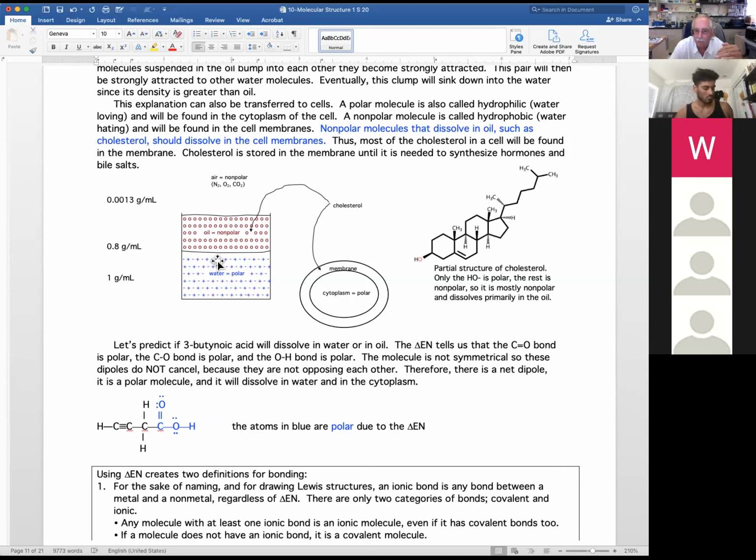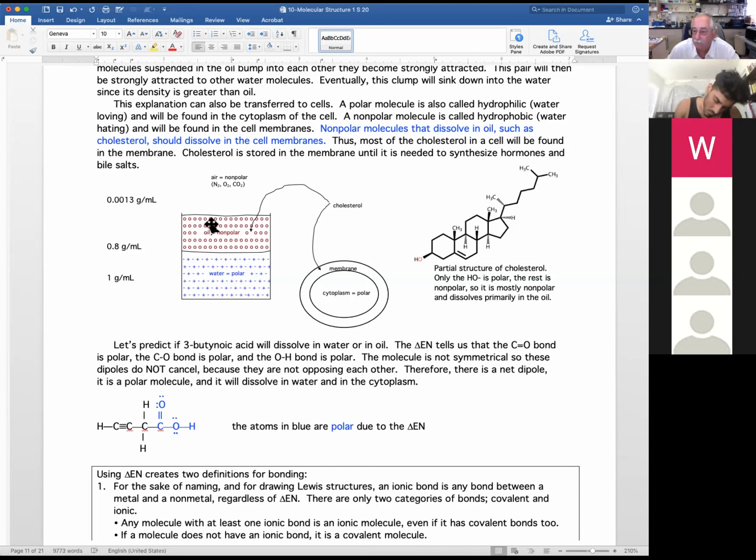Well, why do water molecules not dissolve in oil then? Okay, so say we mix it all up, you got a water molecule floating around up here. Is it particularly attracted to an oil molecule? The answer is no. Now what if it bumps into another water molecule?